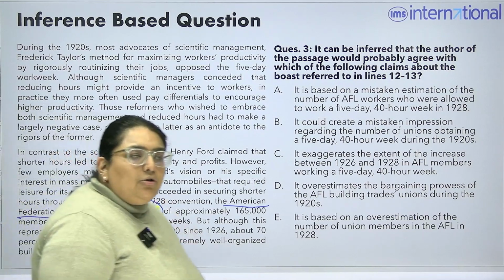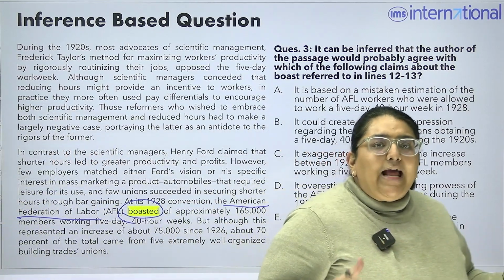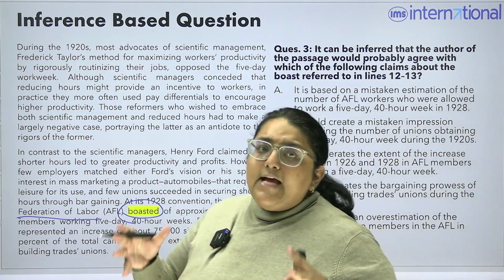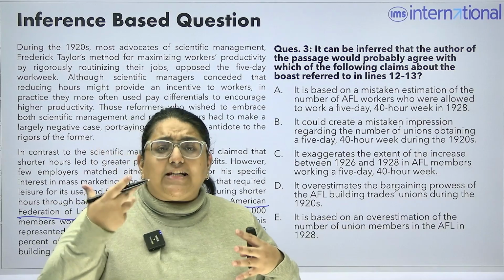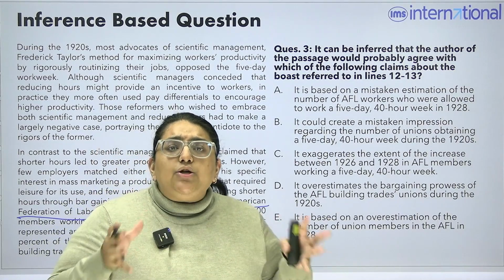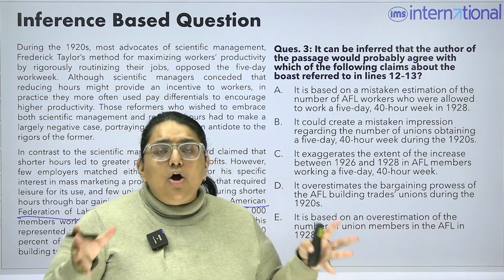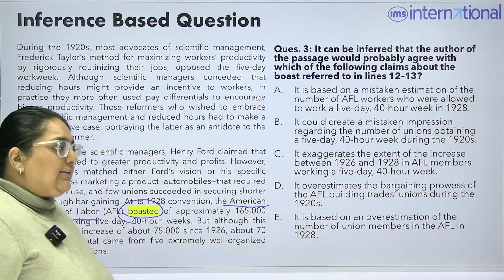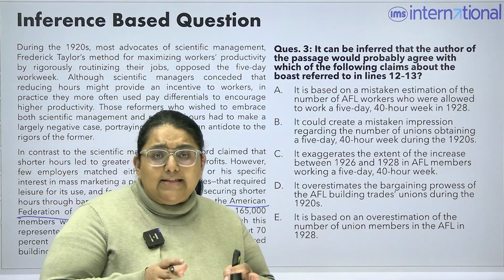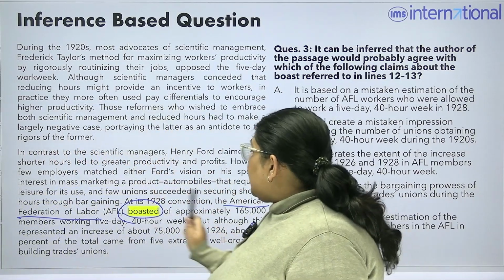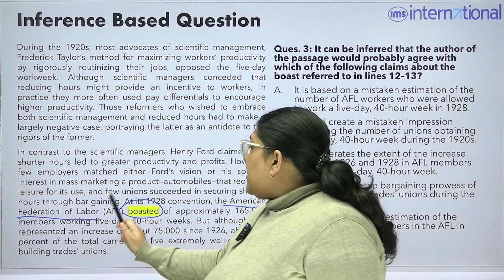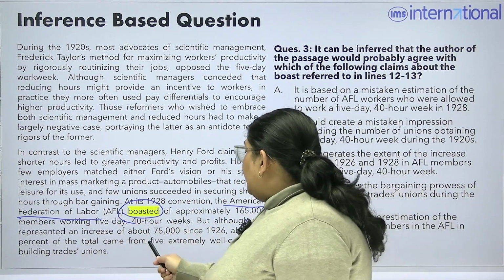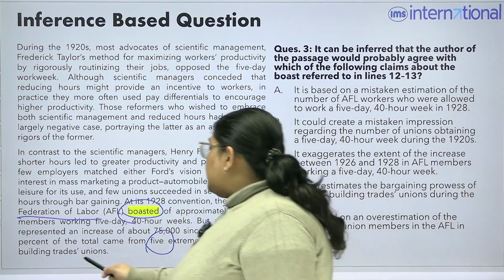So what do we know about the boast? We know that the AFL had boasted of a huge number of employees of different unions being successful in reducing their work hours, or working 5-day 40-hour weeks. But the author tells us that this representation is only coming from 5 well organized unions.